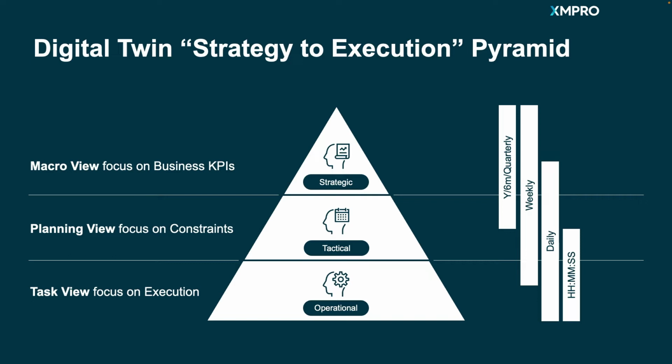Likewise with tactical, because it's so focused on constraints, it looks at almost all four levels of time frames, so that it can provide a holistic view from a planning perspective. And at the task level, quite often it is predominantly focused on what's happening right now.